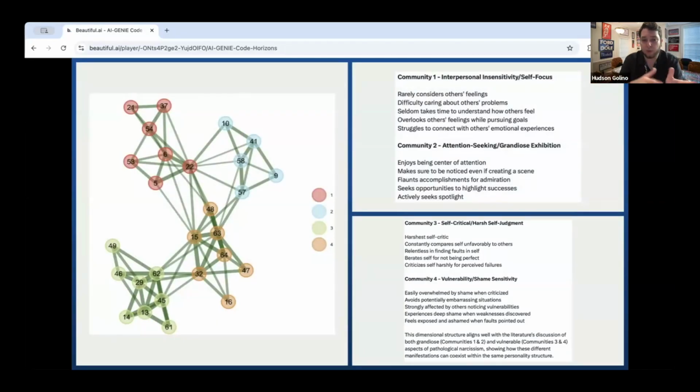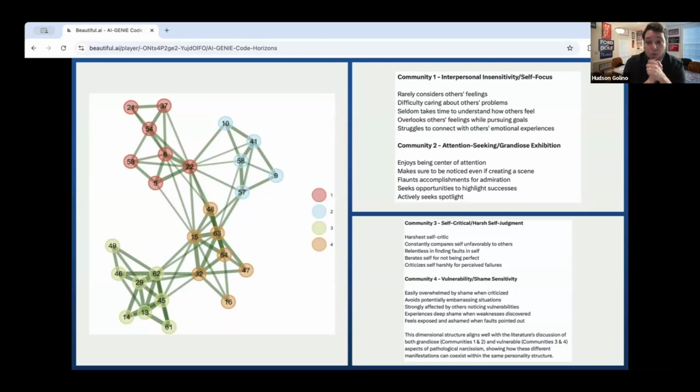Here's one example with the final version of the instrument that I generated using AI-GENIE. And then here we have the EGA structure. EGA stands for exploratory graph analysis. We'll be talking about that in a minute. And we identified 4 communities that are similar to factors. One is a community related to interpersonal insensitivity and self-focus.